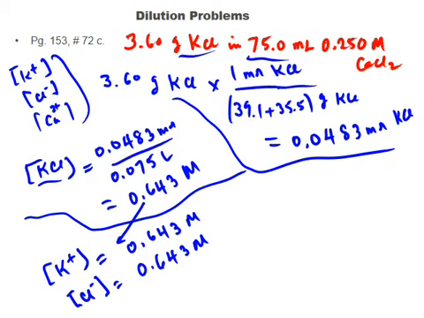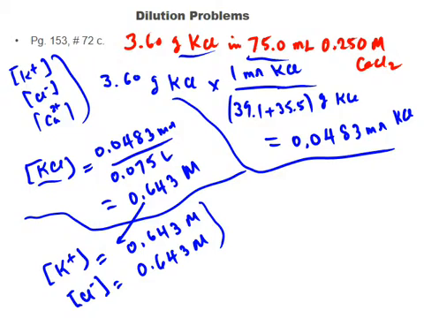If 1 molecule of KCl splits into 1 K plus and 1 Cl minus, then when 0.643 moles split, you get 0.643 moles of K plus and 0.643 molar Cl minus. So that's all you get from KCl.